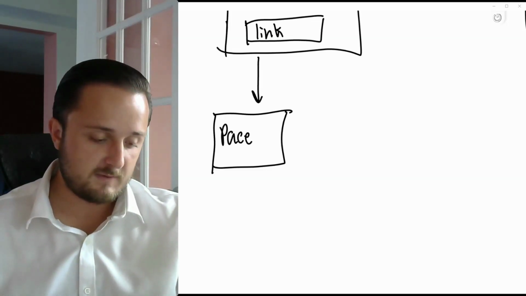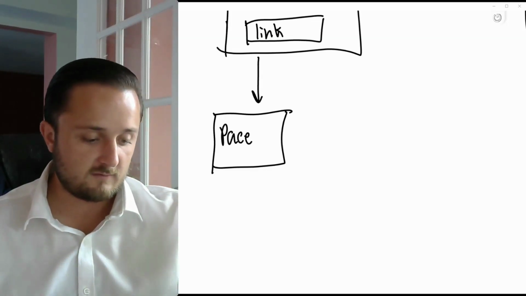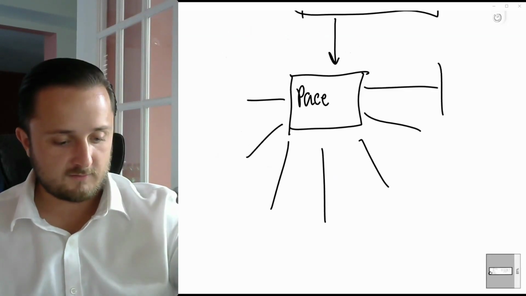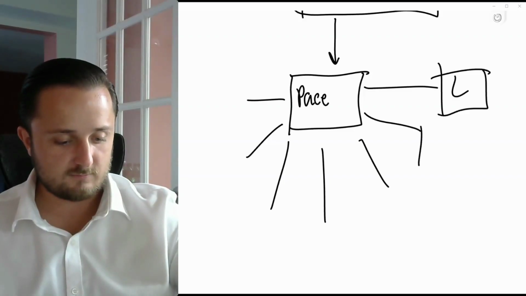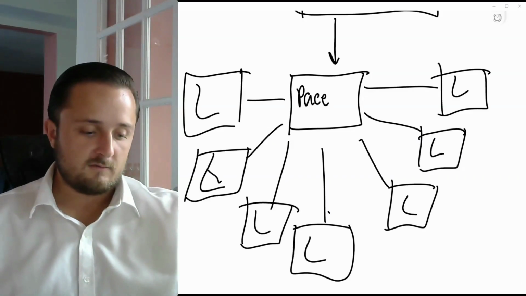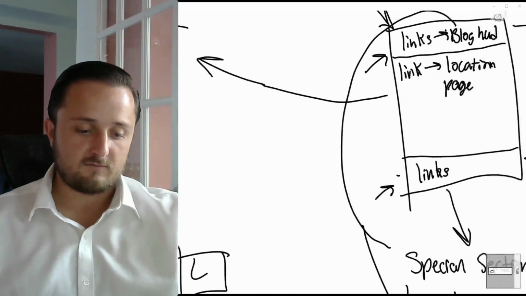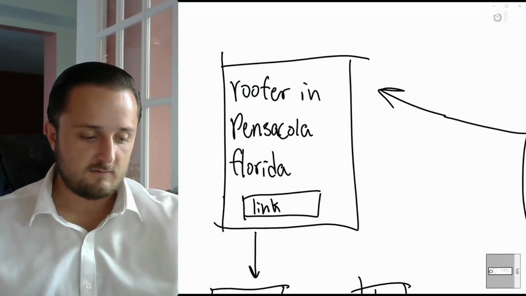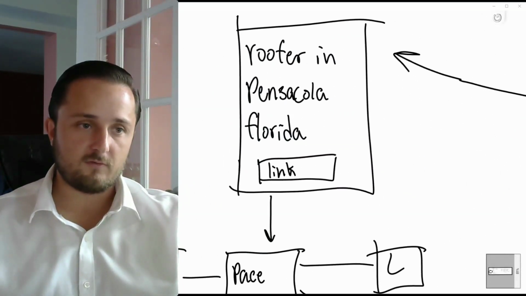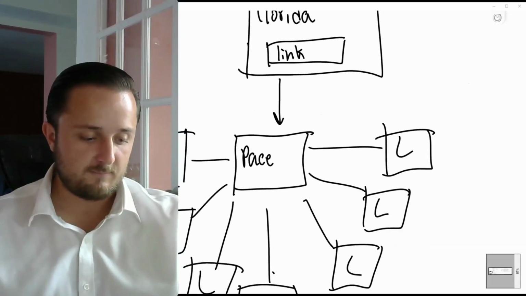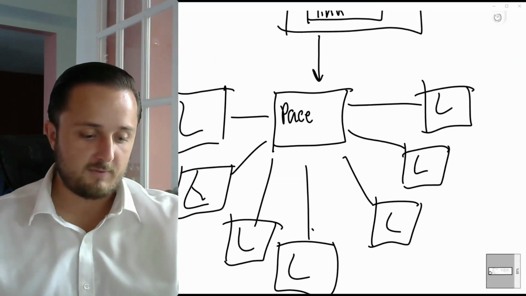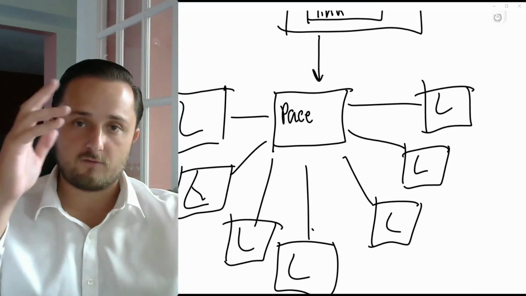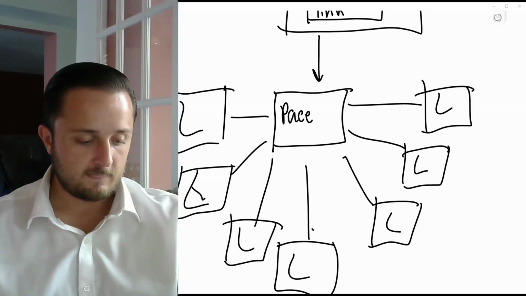On this Pace page, what we could do is have a ton of links to our other location pages, right? So we got a link from our home page, in our main navigation in the header, linking to our roofer in Pensacola, Florida. Then we have a link from that page to our Pace page, which has links to all of our other location pages.